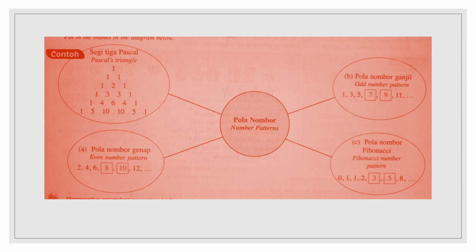From this diagram, number patterns consist of 4 that you need to remember. One is odd number pattern. Second is even number pattern. Third is Fibonacci number. And lastly is Pascal Triangle.